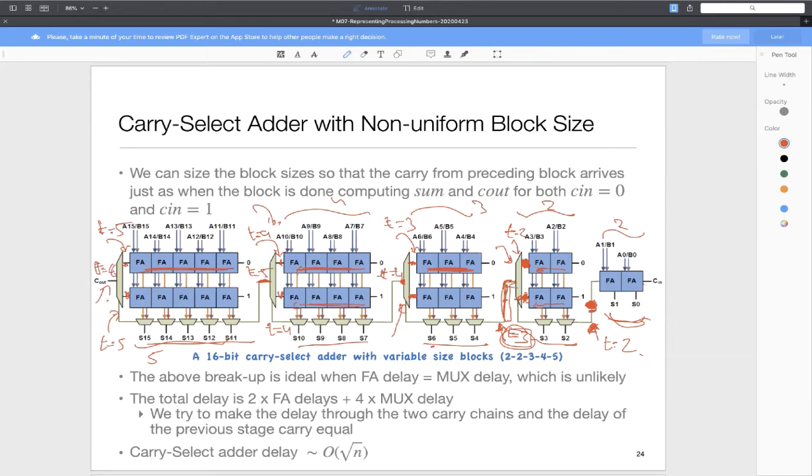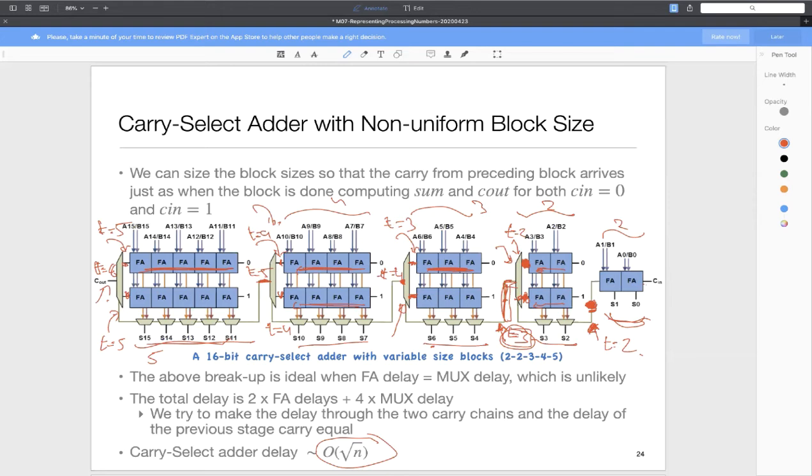So if I had done all of this using a single ripple carry, that was 16 full adder delays. But now I have a delay of 6, much faster. In general, if you follow these strategies and do it smartly, your delay can grow only as the square root of n, which is a big win, right?